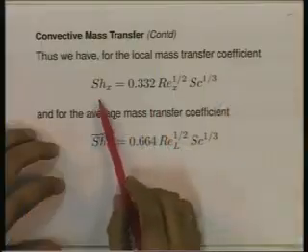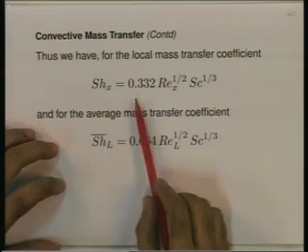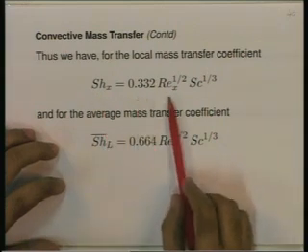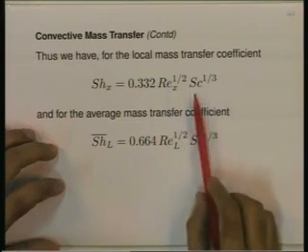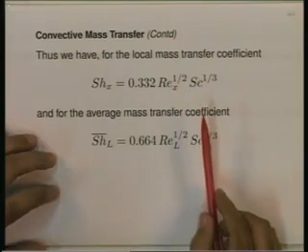Let us rewrite this equation in terms of the dimensionless numbers. For the local mass transfer coefficient, we have a Sherwood number equal to 0.332 Rex raised to half, Schmidt number raised to 1/3.